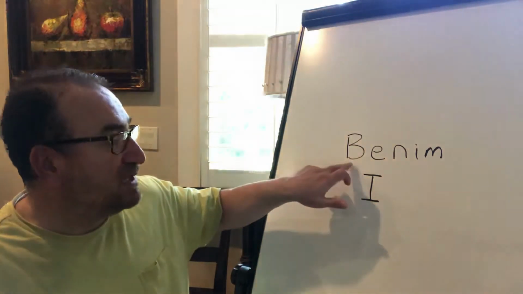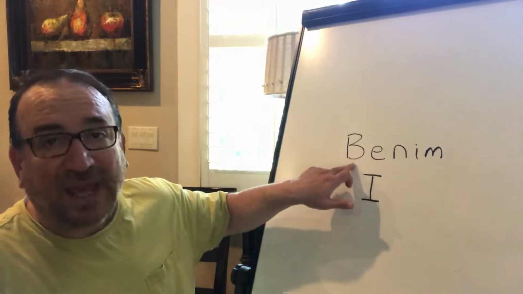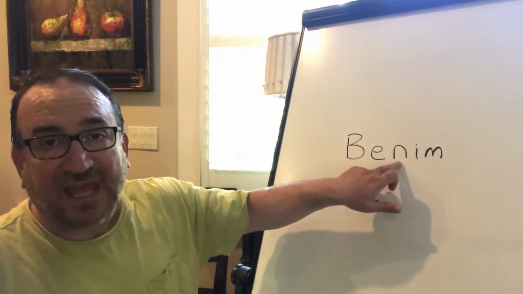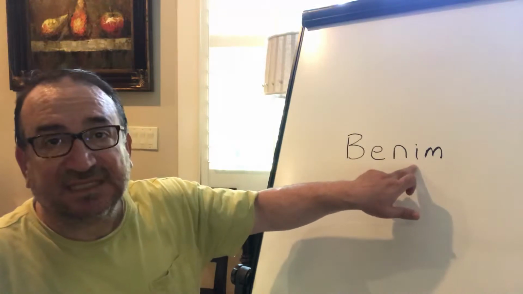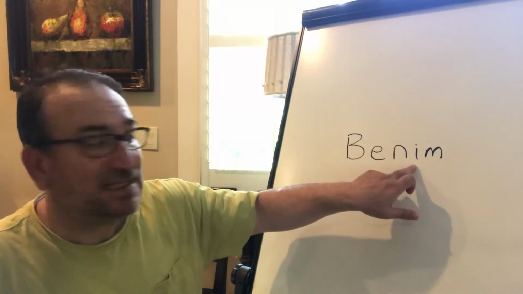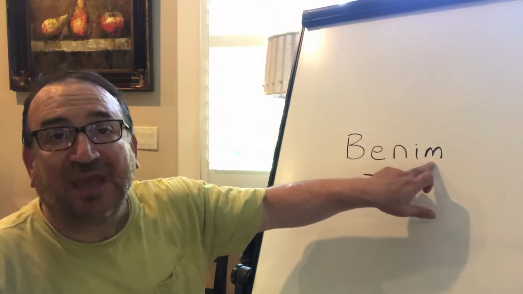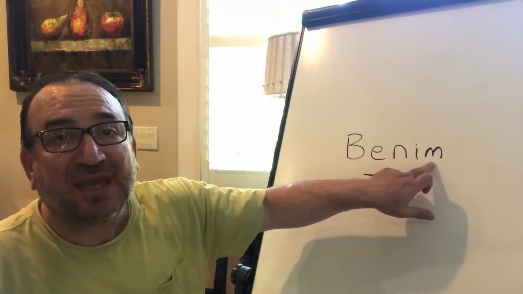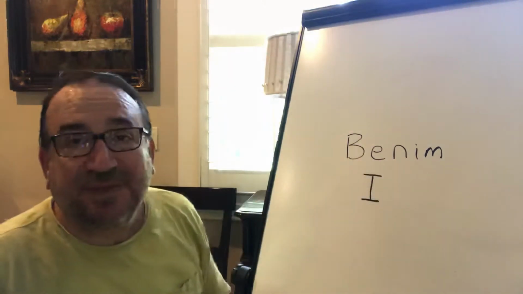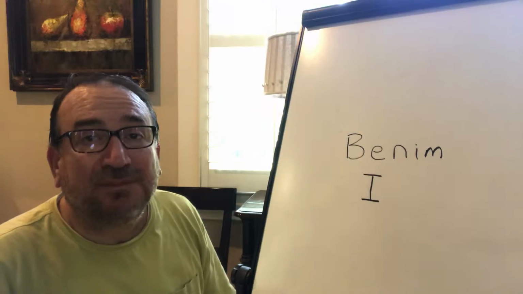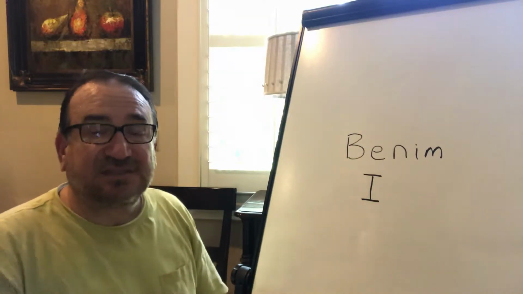So the letters are be, e, ne, I. It's not I, it's I. Me. It's not M, it's me. Benim, benim, benim.